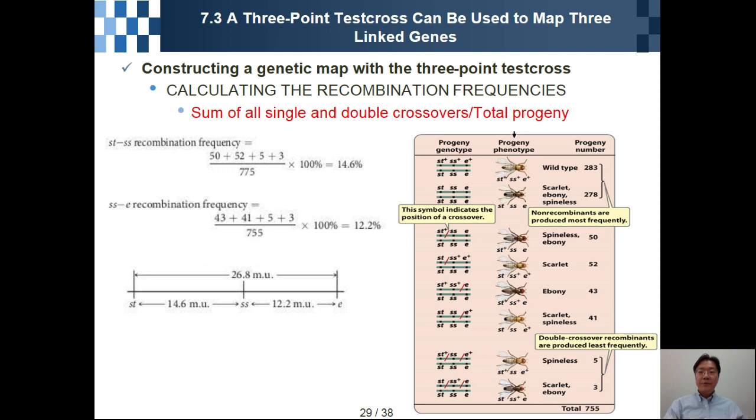So how about the ST-SS recombination frequency? The total is 755. So ST-SS means that the recombinants will be 50, 52, and 5 and 3.